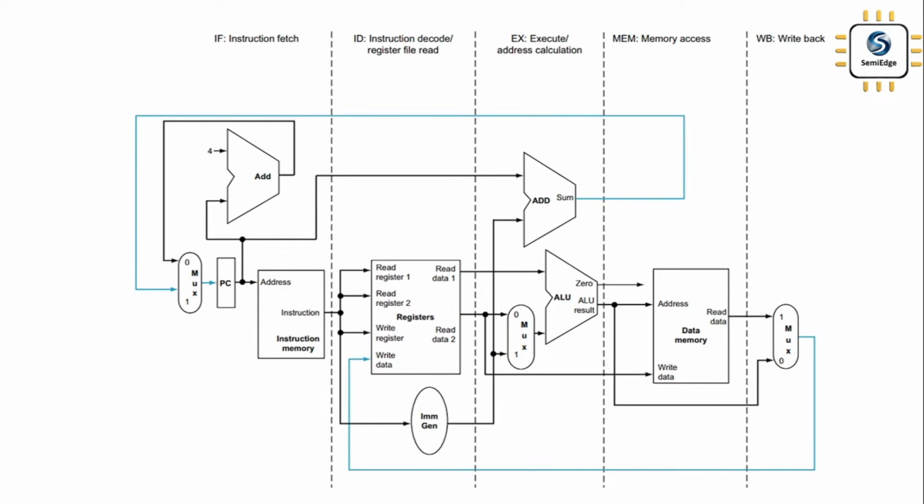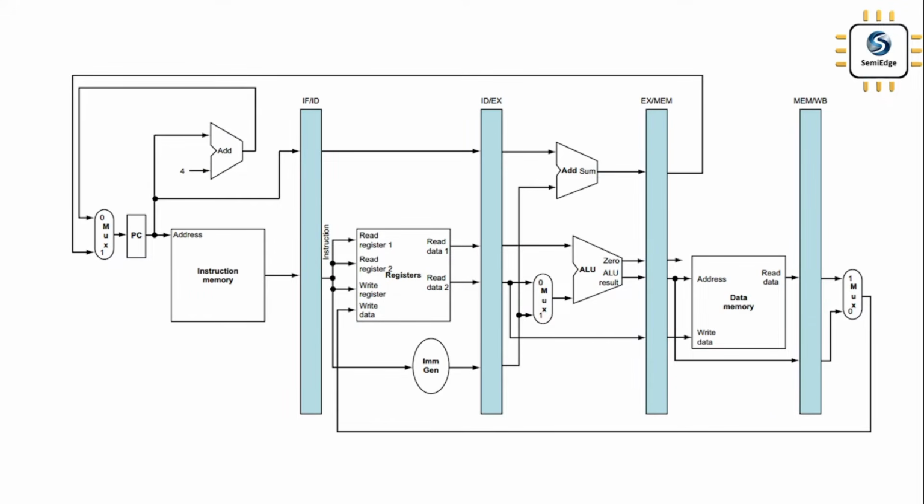In this series, we will take our single cycle RISC-V design and turn it into a pipeline processor. Pipelining helps us run multiple instructions at the same time, like an assembly line, to make our processor faster and more efficient.